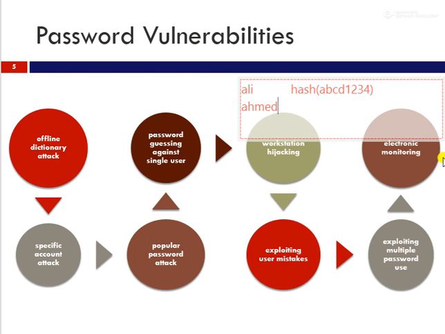There is another user, Ahmad, and Ahmad has the password XYZWER4, let's suppose. So the system will take the hash of the password of Ahmad and store it in the password file. So this is how your password file looks like.